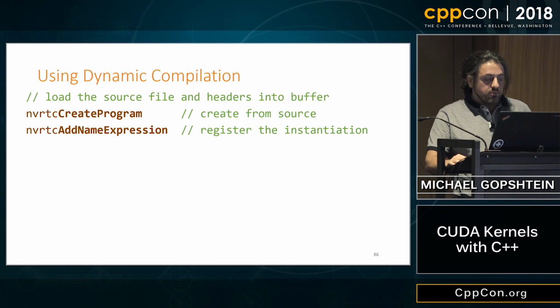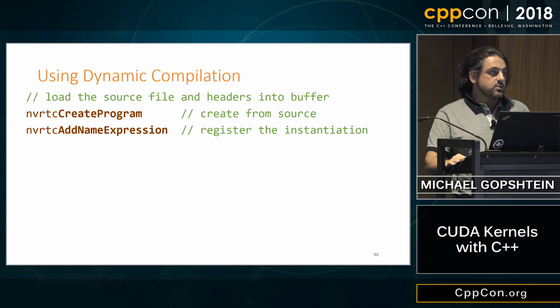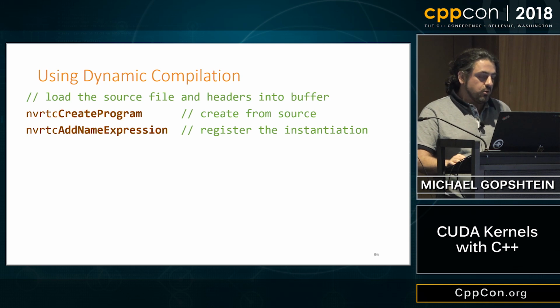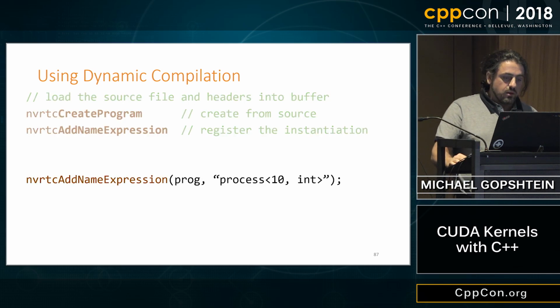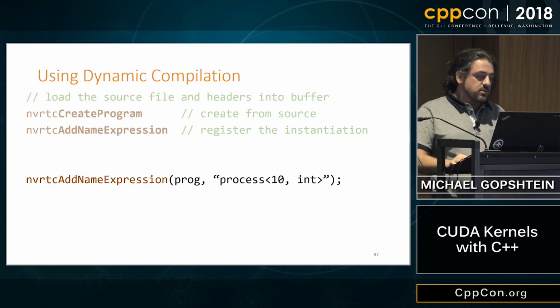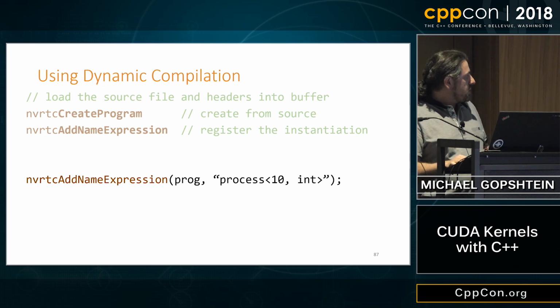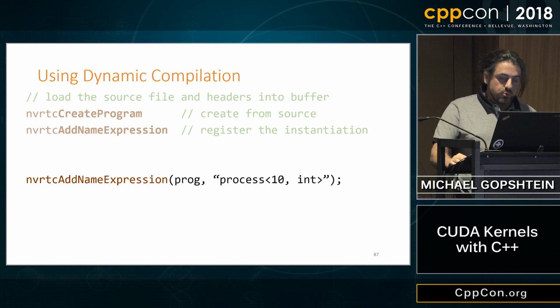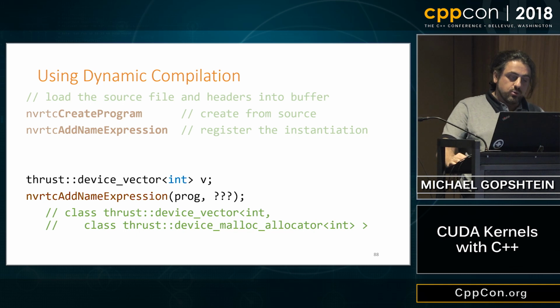Now, the next step before we can compile our program is to specify all the instantiations of the template parameters in order for the compiler to know which versions of the template it needs to compile. And for simple cases, we can just build the string by ourselves. The process<10, int> is a very simple use case. But what if we have some more complex type like a thrust vector?